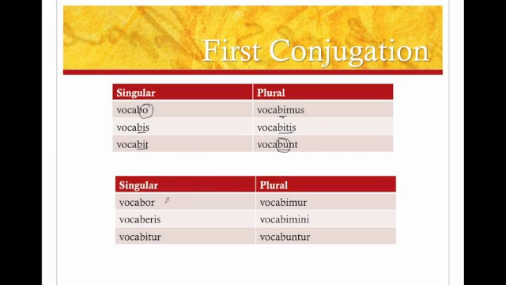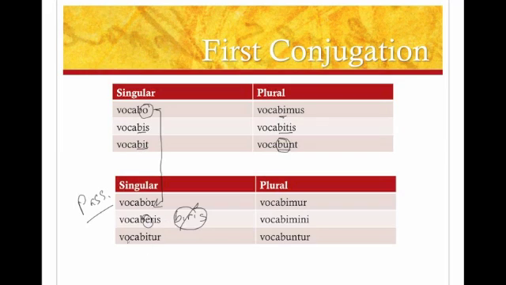So vocabo, bis, bit, bimus, bitis, bunt. And in the passive, I will be called, vocabor. So we're going to use our present active or future active, and we're going to add our r. So vocabor, vocaberis. Watch this e here, not biris, B-I-R-I-S. That's right out.